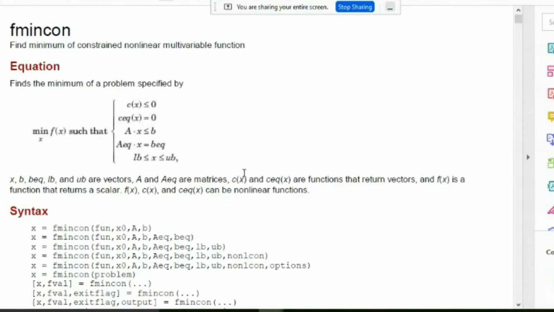Here the fmincon, by virtue of its nature, stands for solving the minimization type problem only. If we have a maximization type problem, in such a case we have to convert the maximization type problem into a minimization type problem, and then by using the same MATLAB approach, the same solver, we can solve. The only difference is in the output solution, where we will get the negative sign for the objective function.